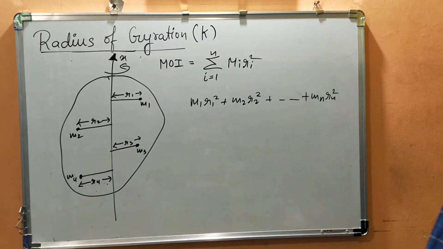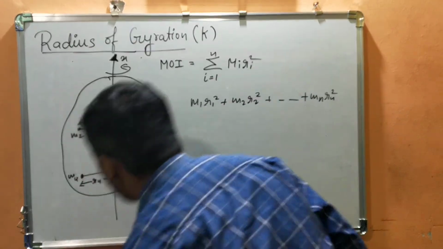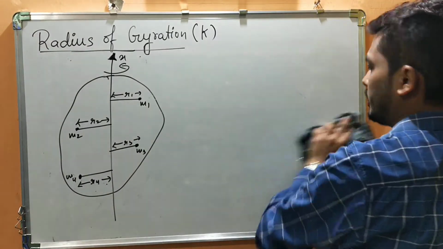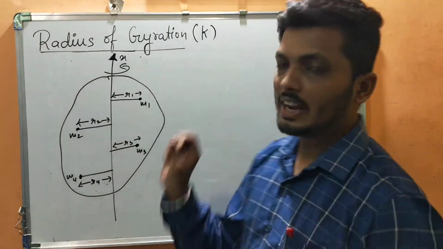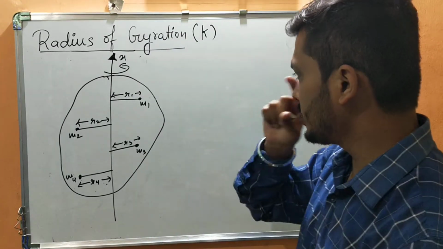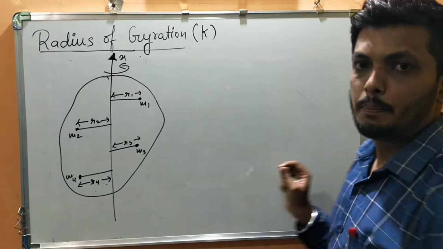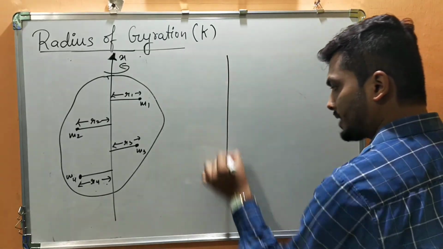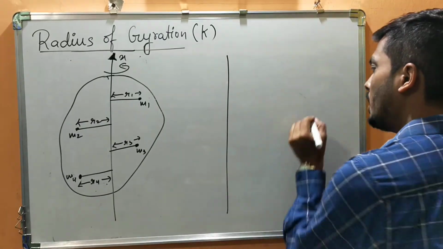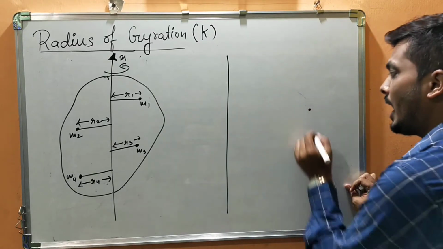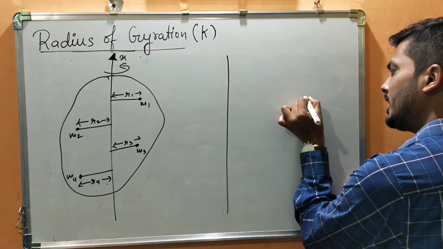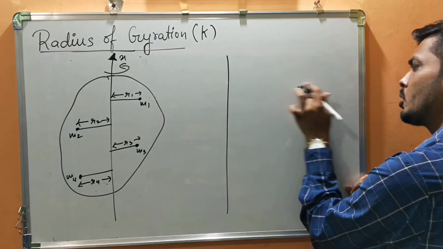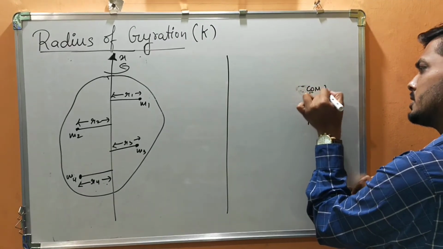Now, using this analogy, I am going to put the definition of radius of gyration to this. So what exactly is radius of gyration? Radius of gyration is the perpendicular distance from an axis of rotation to a point P at which the entire mass of the system is assumed to be concentrated. Center of mass.